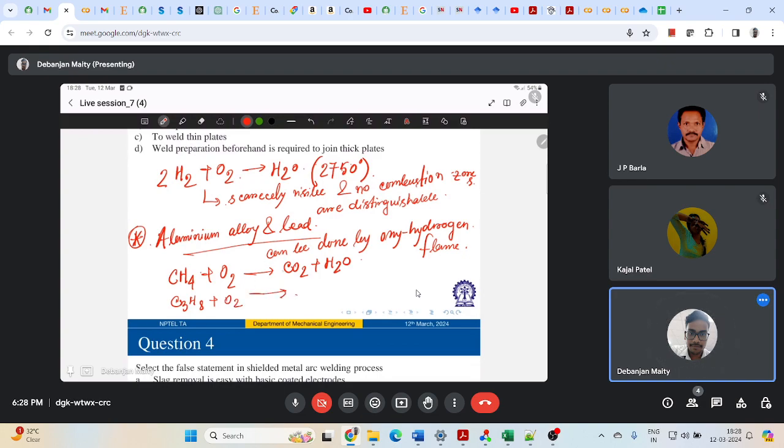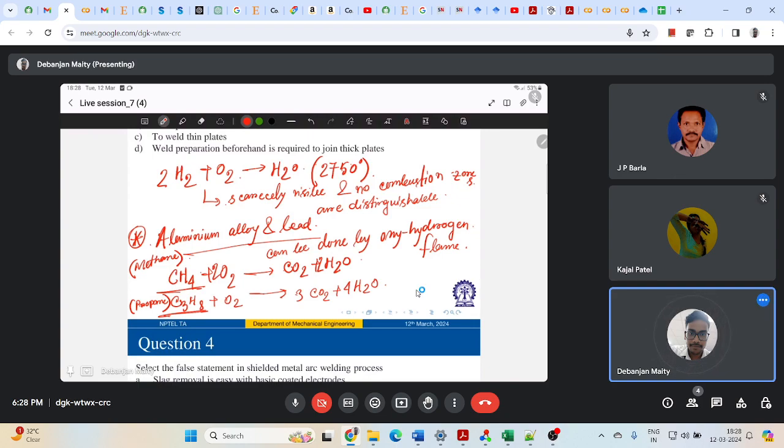So this will be CH4 plus 2O2 giving CO2 plus 2H2O. And if it is C3H8, it will generate 3CO2 plus 4H2O. That is how complete combustion of methane, natural gas and propane takes place. So this is propane, this is methane, in terms of combustion of natural gas.